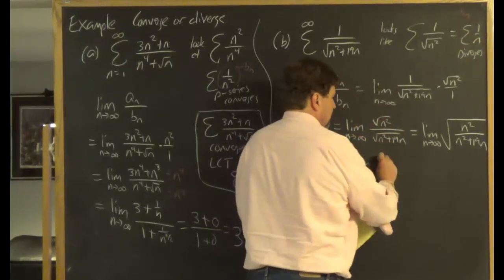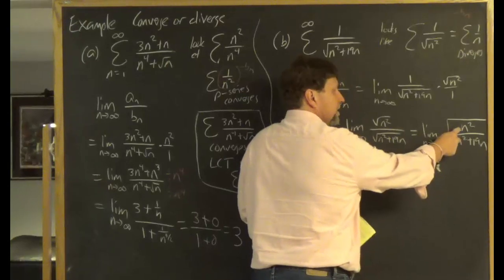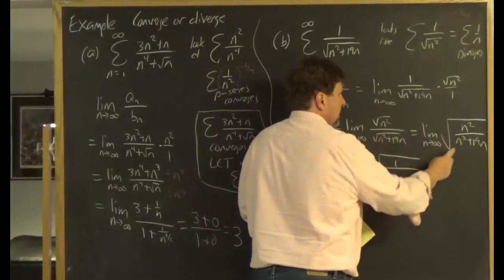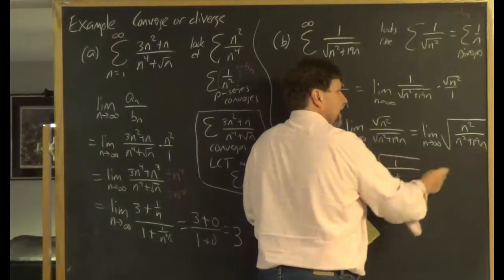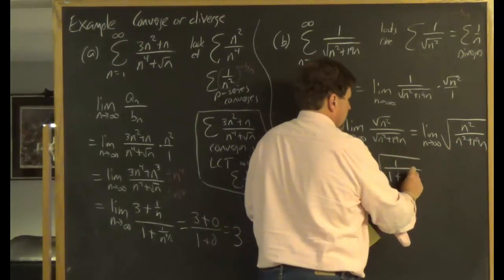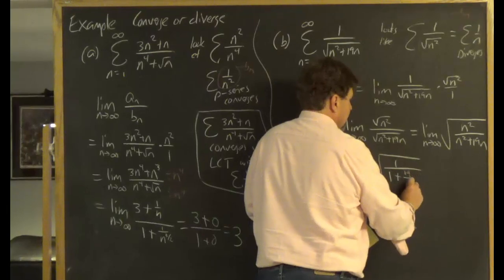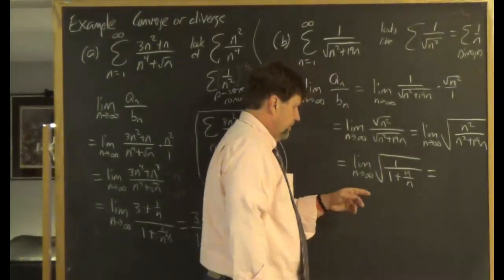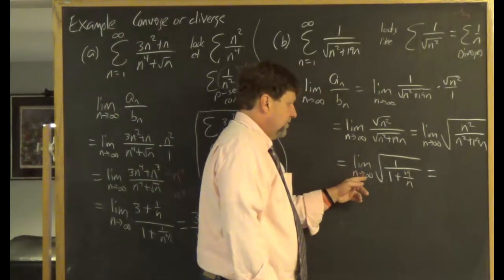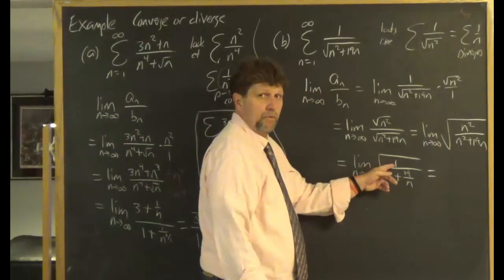So n squared divided by n squared is 1. N squared divided by n squared is 1. 19n divided by n squared is 19 over n. I should be able to do the limit now as n goes to infinity. The limit of 1 is 1.